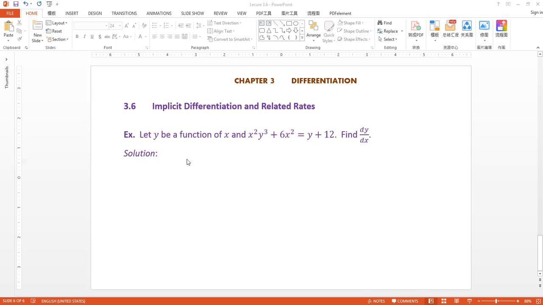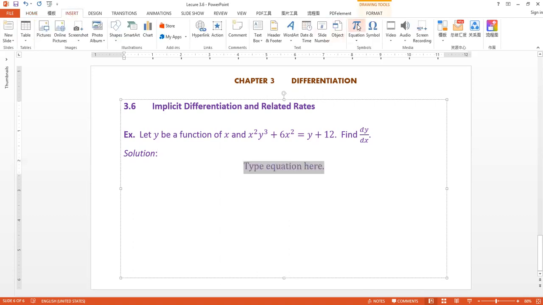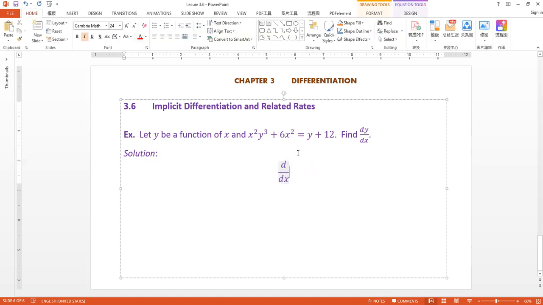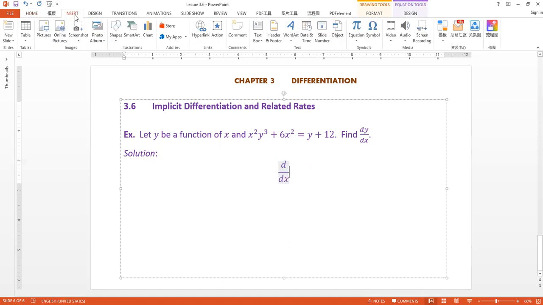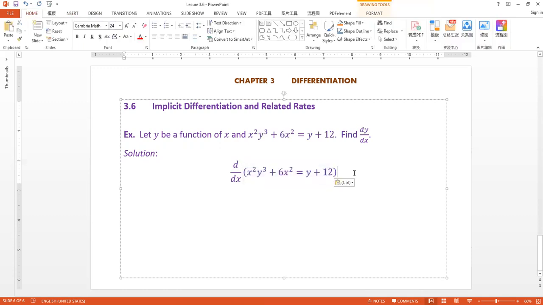So let's take the derivative with respect to x on both sides of the equation to start. We're going to use the notation d over dx, which is more convenient in this example. A lot of times we usually use primes, but sometimes we do use d over dx.